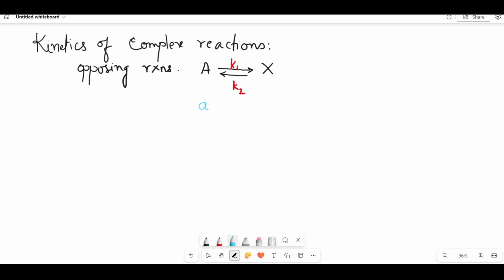After a time t, x grams of A decomposes to form X. So, the concentration of A at time t will be given as a minus x, and concentration of X at the same time is x.